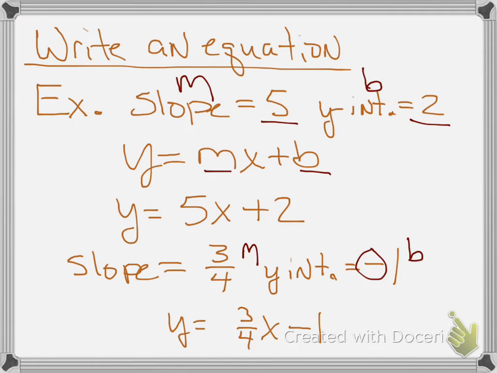What happens if they give you 2 points? And you're going to see this more often. Okay, so I'm going to give you 2 points. Now notice I'm specifically giving it to you with 1 point being 0, something. Realize, and I'll make mention of this at the end, realize what that will hint at.